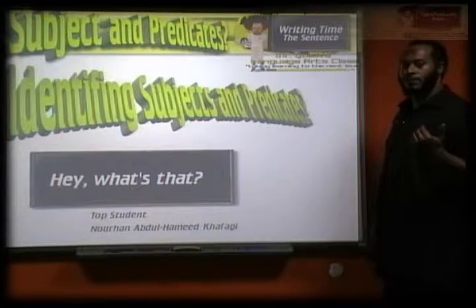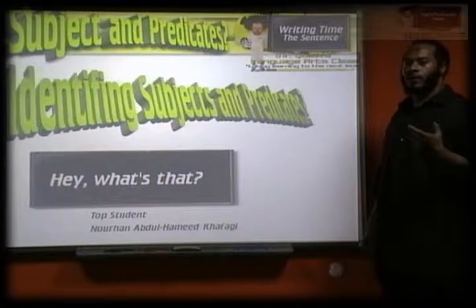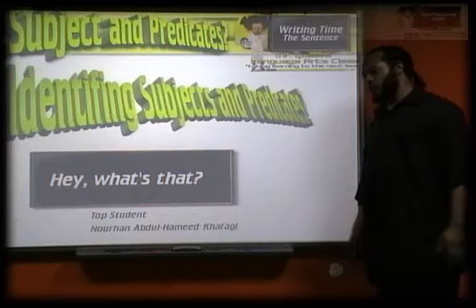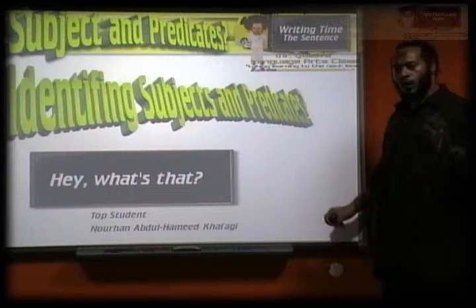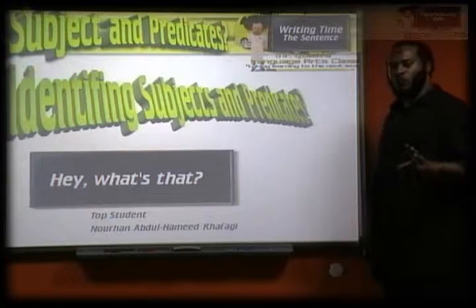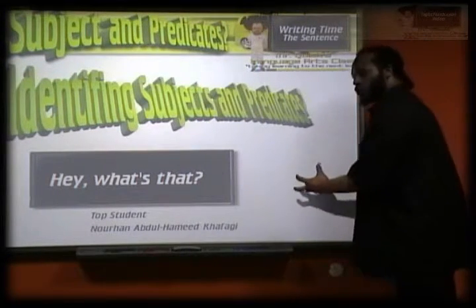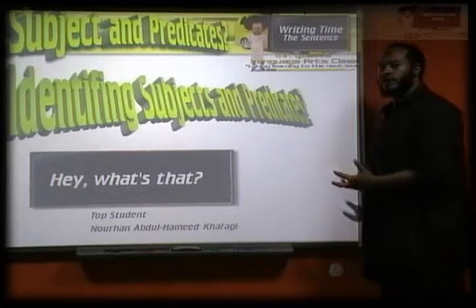And oftentimes it's those basic things that cause us to make errors in our sentence writing. So I want to cover this, to make sure everyone has an understanding of what this very elemental, basic thing when it comes to sentence structure is.